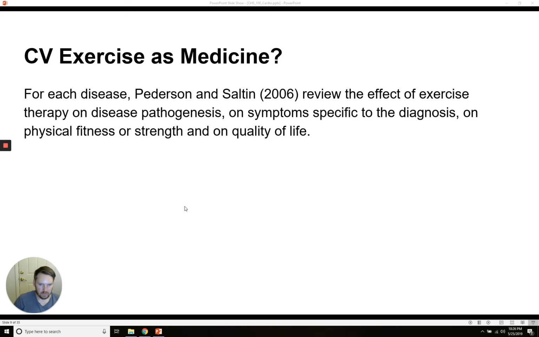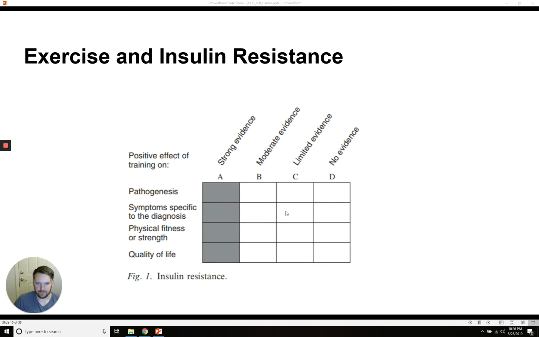I'll look at a variety of things that they looked at here. This was a really interesting study. They went through a lot of different diseases and metabolic diseases, and they basically looked at the strength of the evidence that we have on exercise being used as medicine.